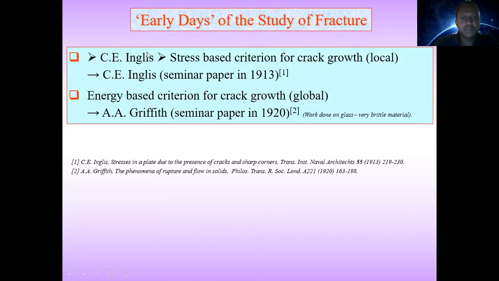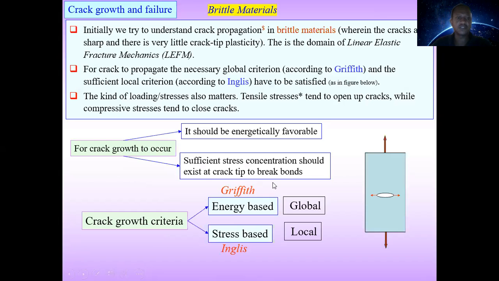These people are very well-known beginners of fracture mechanics. English proposed a stress-based criterion for crack growth, which is the local case. Griffiths proposed an energy-based criterion for crack growth, or the global case. So these are the references of their work.